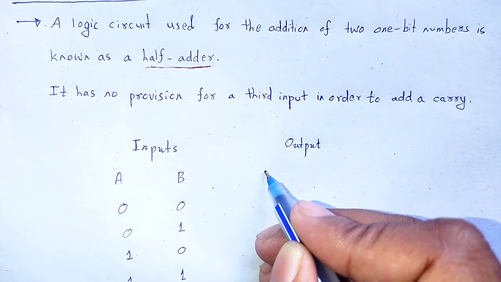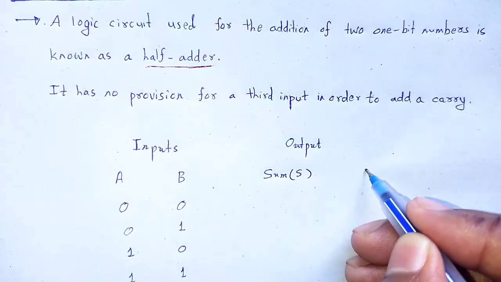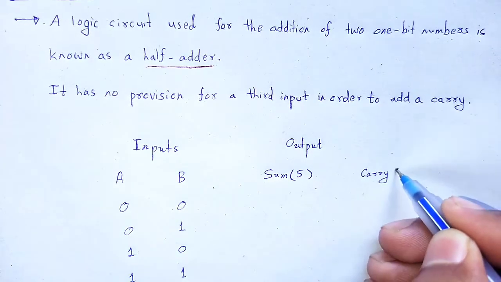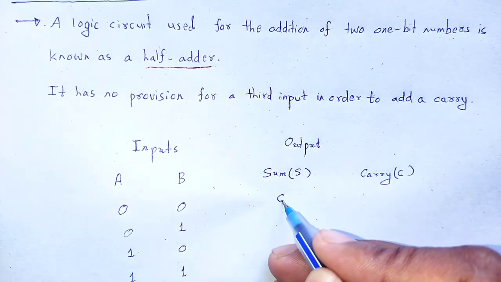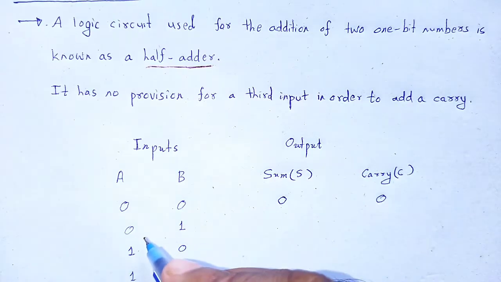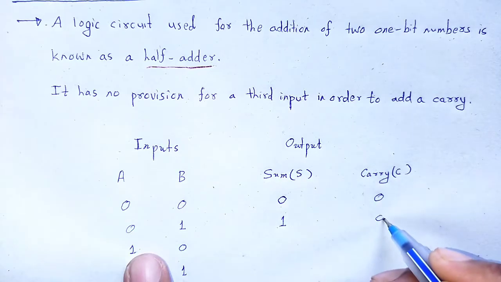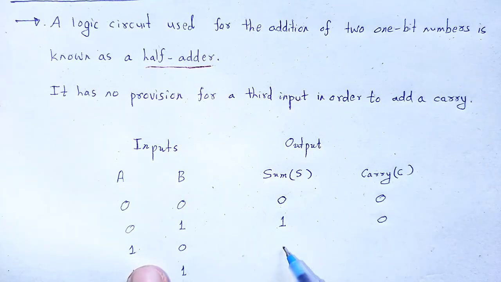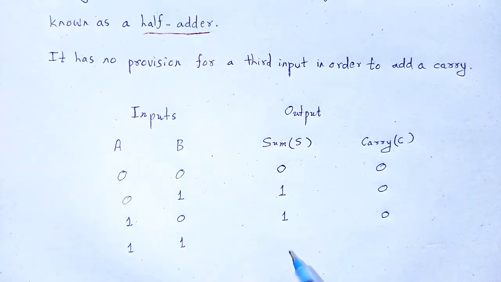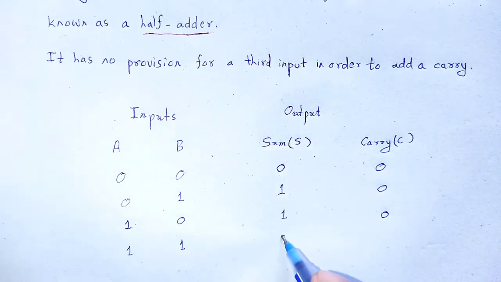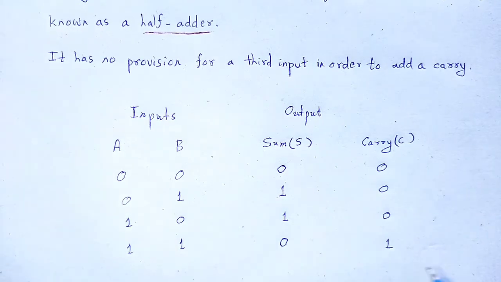We have two outputs, one is the sum S and another is the carry C. When 0 is added with 0, we have sum 0, carry 0. 0 plus 1 is 1, carry 0. 1 plus 0 is 1, carry 0. 1 plus 1 is 10, so in the sum column we have 0, and in the carry column we write 1.